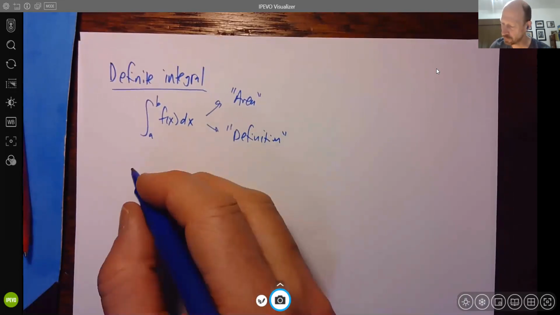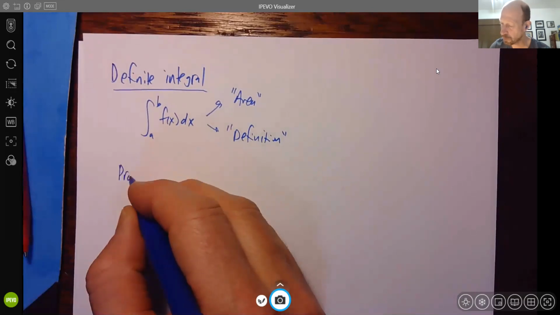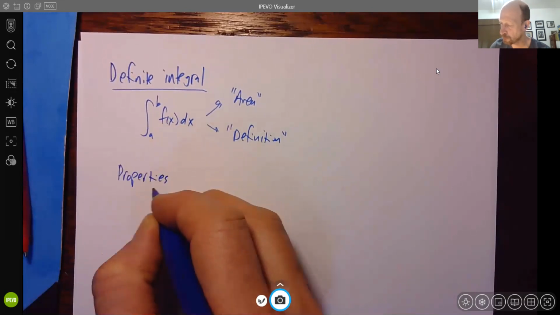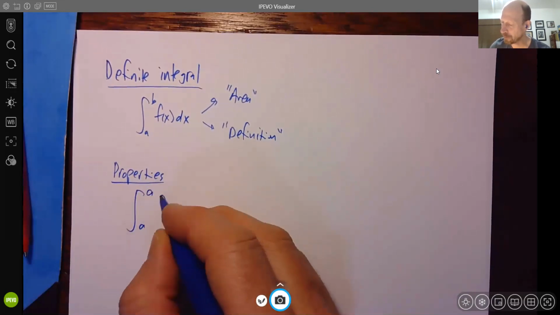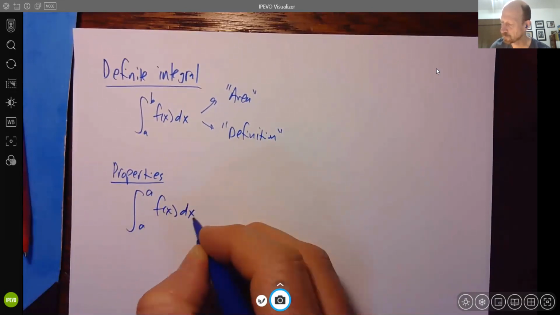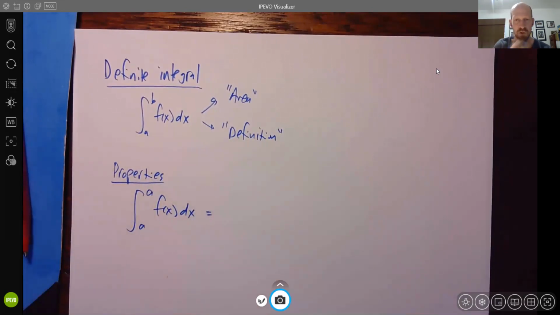So here, let's just look at some properties. What about if I go from A to A? My upper bound and my lower bound are the same. What do you think that's going to result in? Again, you could think about this by remembering what the definition tells us, or you can interpret it in terms of area.